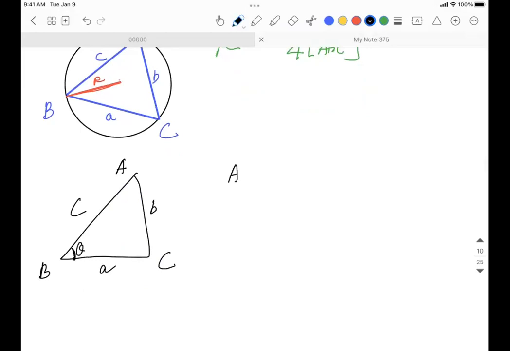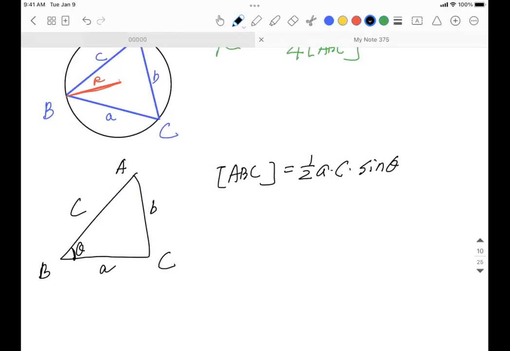So my triangle ABC's area is going to be 1/2 A times C sine theta. Did you guys know that? Yes or no? Can I have some feedback? Yes, this is given, right?